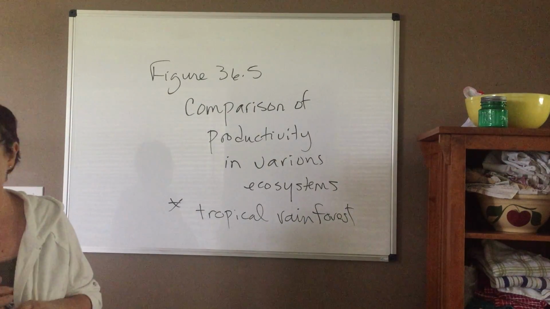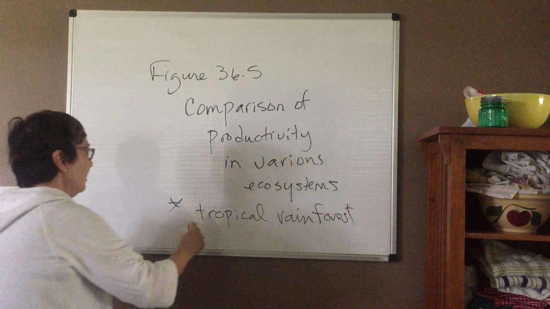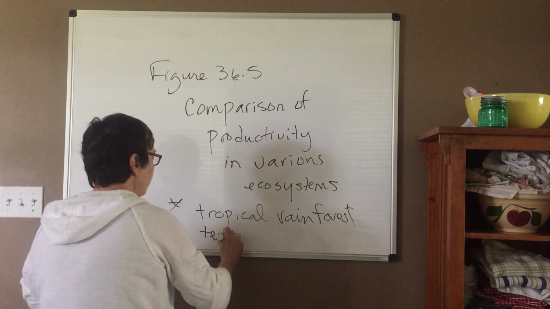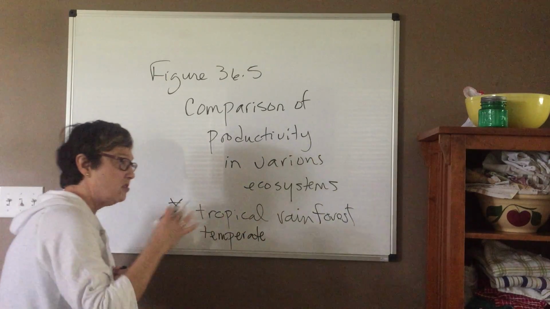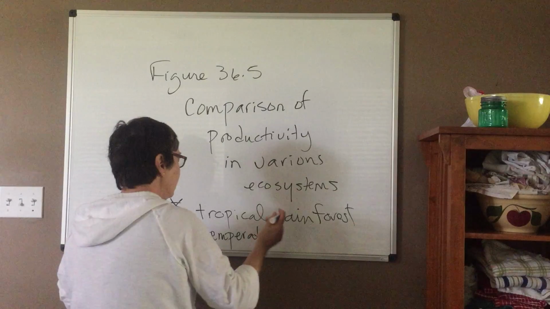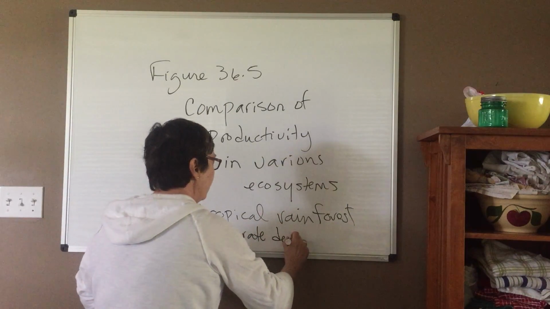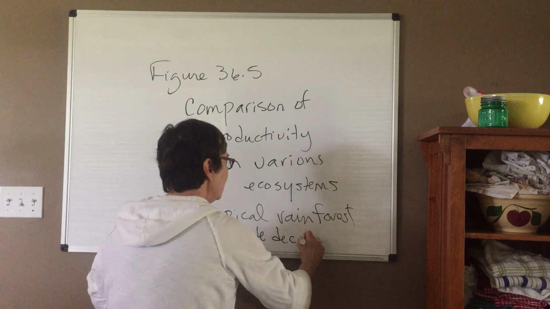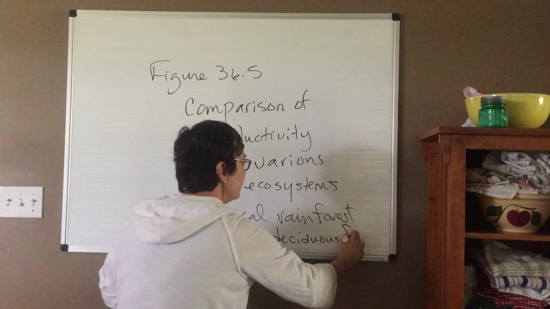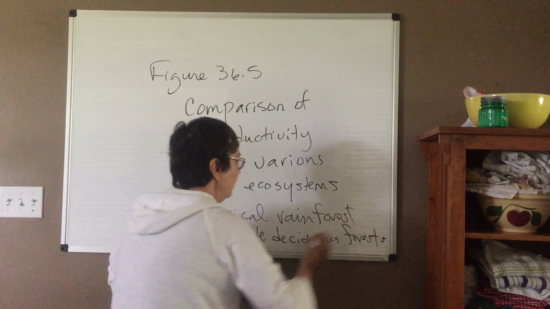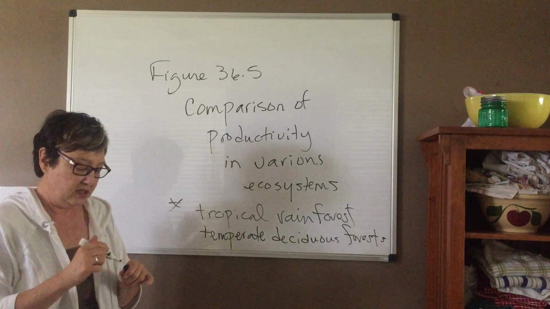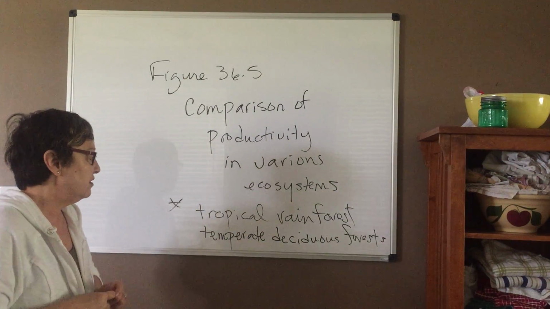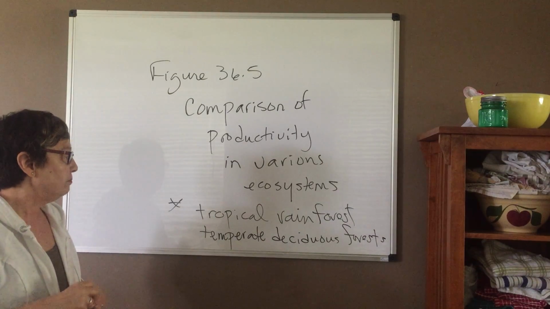by, not very closely, but it is followed by the type of forest that we see in the eastern to the mid-south, and these are called temperate deciduous forest. So deciduous meaning that these are forests in which most of the trees drop their leaves during the winter.